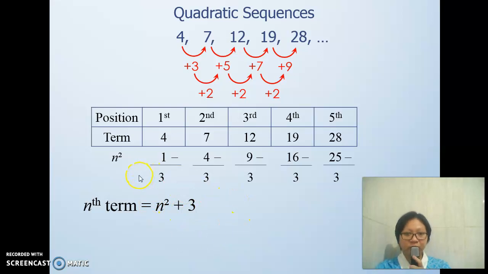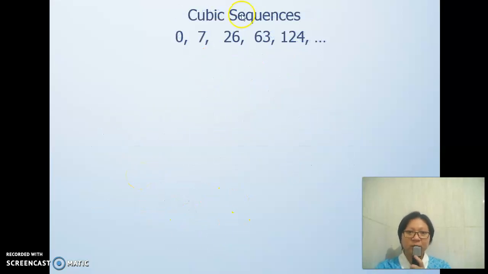Okay, let's see. What about these cubic sequences? When you see a sequence, the first thing you need to do is to check between two consecutive terms whether there is a common difference or a common ratio.